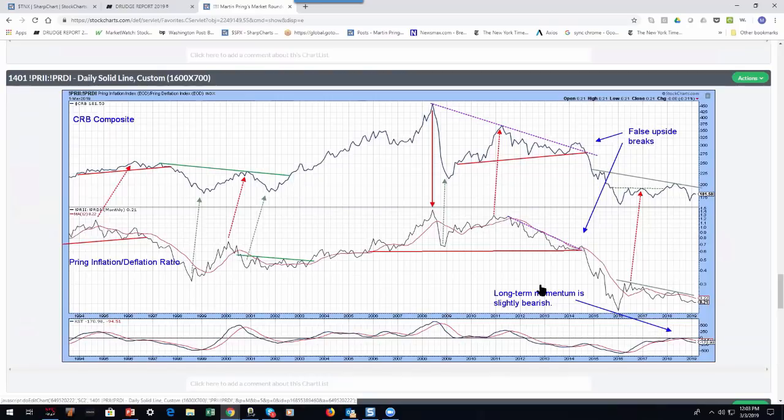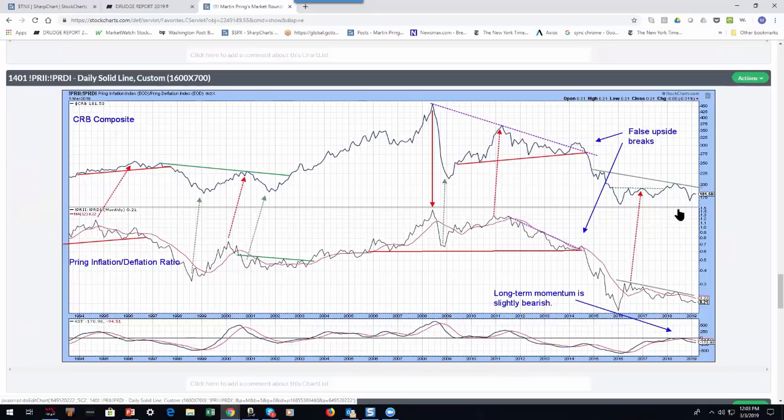And as you can see here, the inflation-deflation ratio is essentially in a trading range, and has been since 2016, but with a bit of a downward bias, and that sort of hints that maybe commodity prices are going to come down. Whereas the commodity prices themselves have been in more of a sideways trading range. There's one point on the upside I would look at.